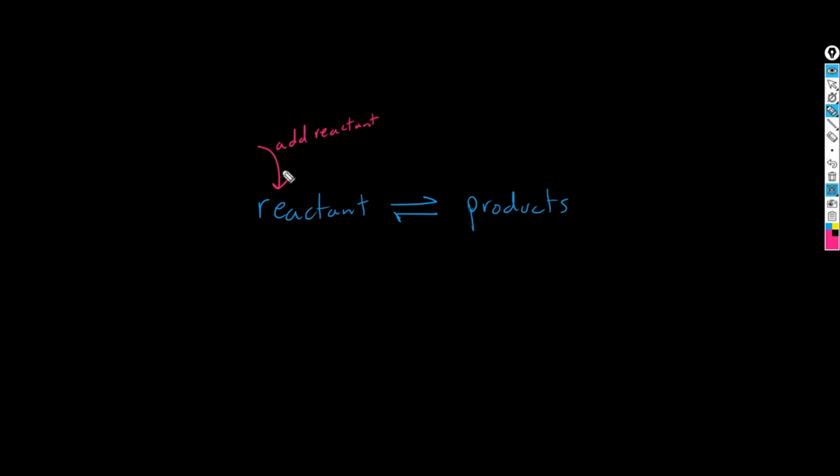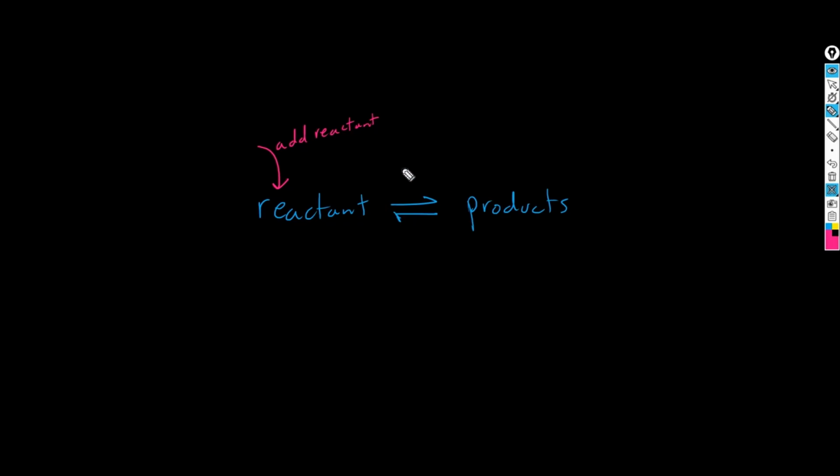If the change in concentration we're making is adding reactant to an equilibrium reaction, a reaction that has already reached equilibrium, then according to Le Chatelier's principle, the equilibrium will shift to use up that reactant that we added. Which reaction uses reactant, the forward or the reverse?